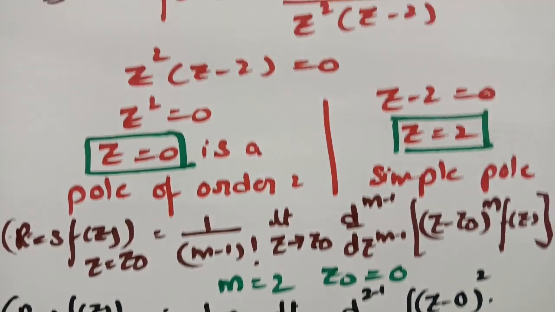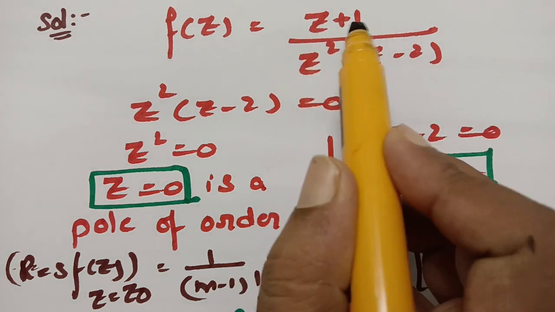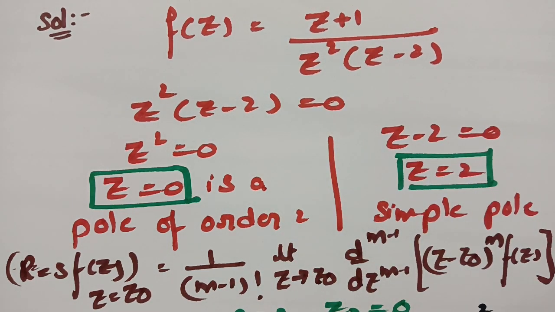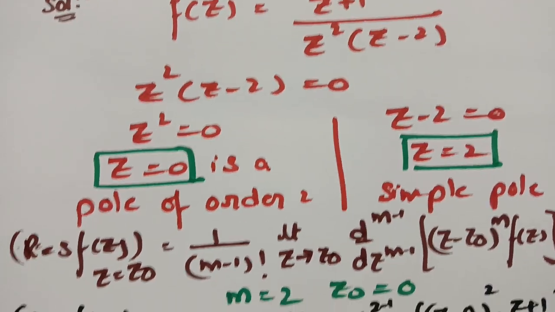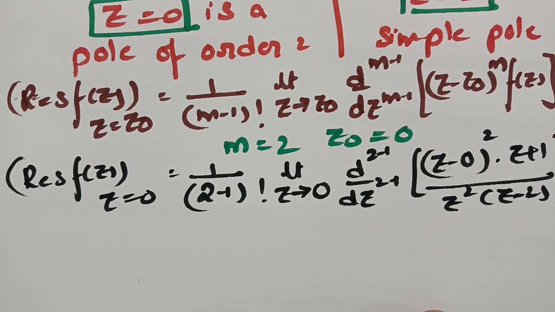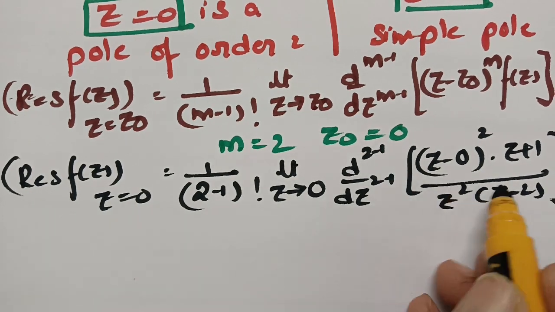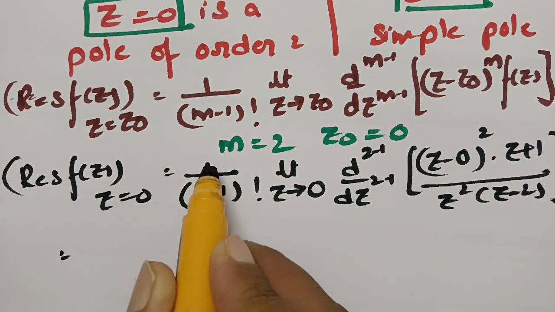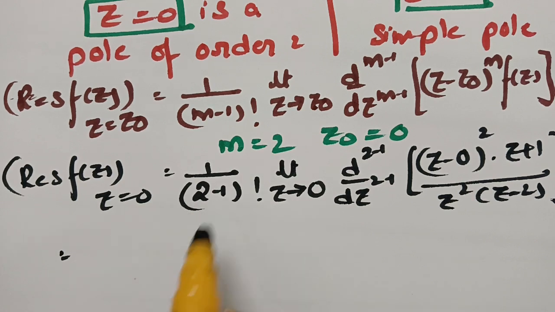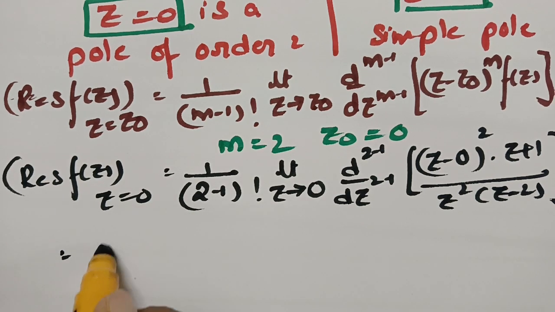So what is our f of z value? I am showing it here, that is (z plus 1) by z square into (z minus 2). Clear? Now after writing the f of z value, 1 by (2 minus 1) factorial, 2 minus 1 is 1 and again it is 1, so I'm leaving that.